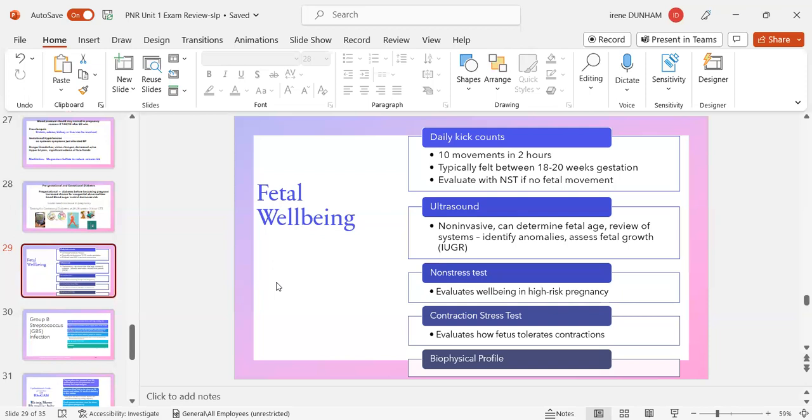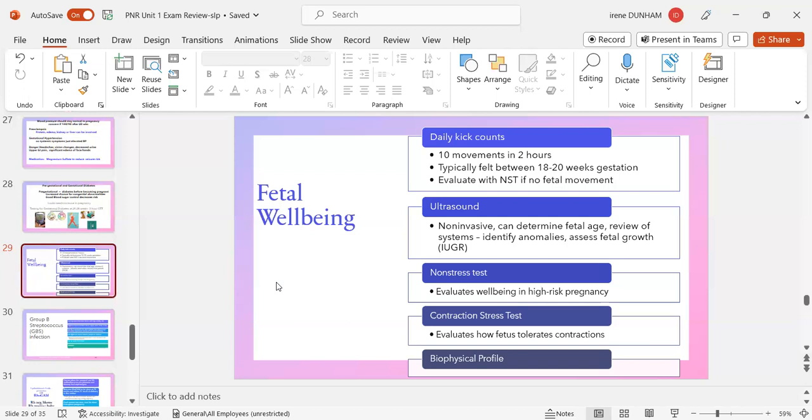And then you have this contraction stress test. Well, contraction stress test is done where we actually give the patient a little bit of Pitocin, and that's a synthetic version of oxytocin. And what we're going to do is give the patient some contractions. Now, they're not what we call labor contractions, but they're contractions enough, because we don't want to put her into labor.